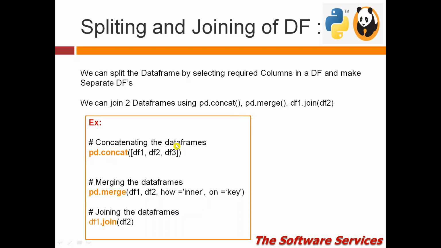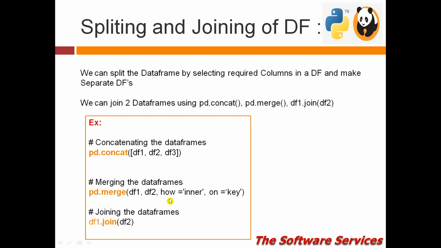To concatenate the data frames, you need to write the code like this. This is the syntax: pd.concat of the list of data frames which we are going to concat. We need to pass the list of data frames here, and then to merge the data frames, you have to use pd.merge, and then the first DF and second DF, and how you have to merge those two DFs, that is inner or outer, like that.